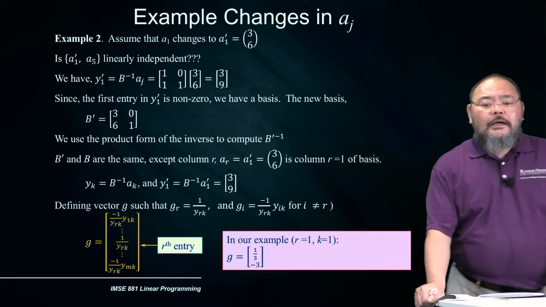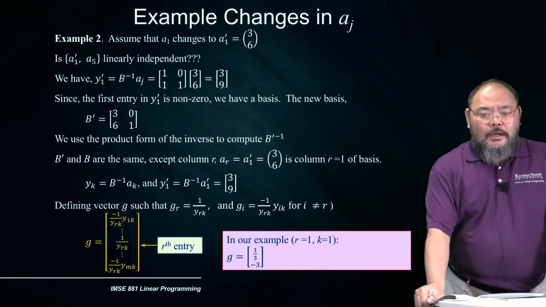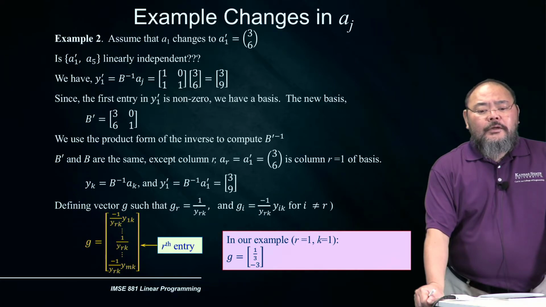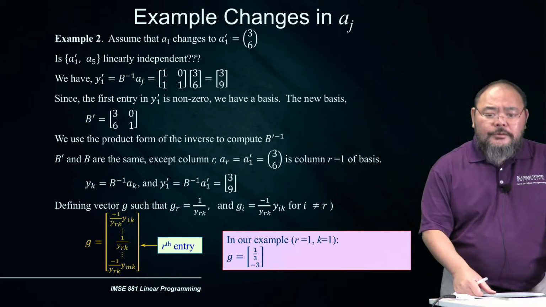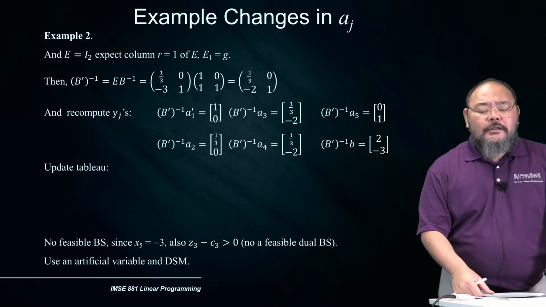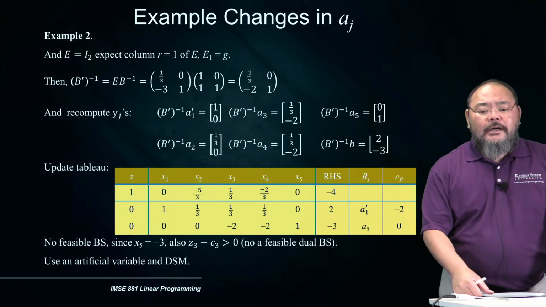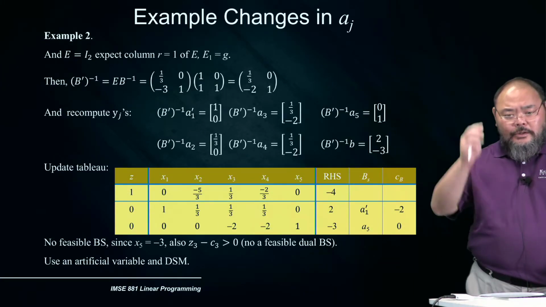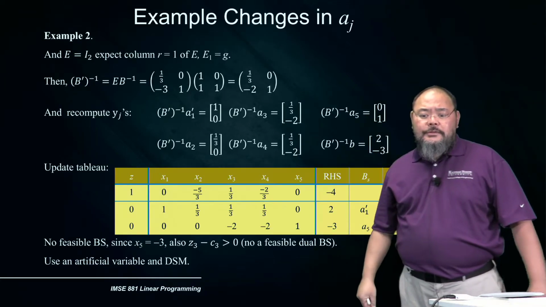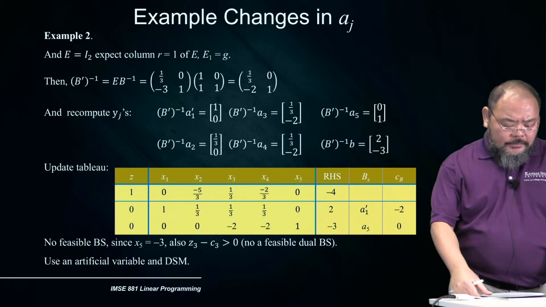If A1 changed from 101 to 36, we can perform the similar situation. However, this again is very time consuming as well. It's probably better to just resolve the linear model.